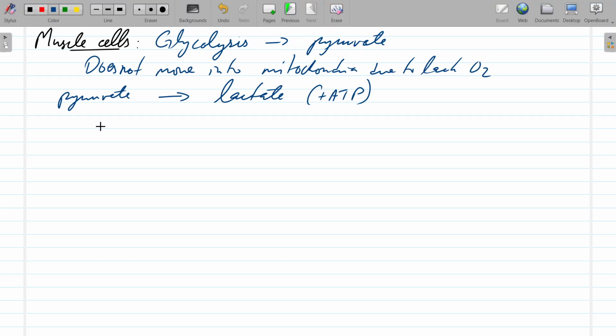So NAD is involved. Pyruvate is a 3-carbon molecule, and this is also a 3-carbon molecule. But what's happening over here is hydrogen is being lost.